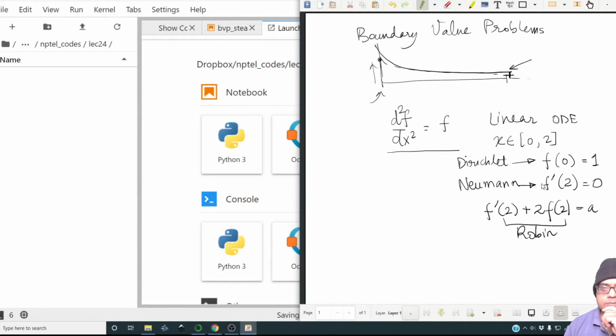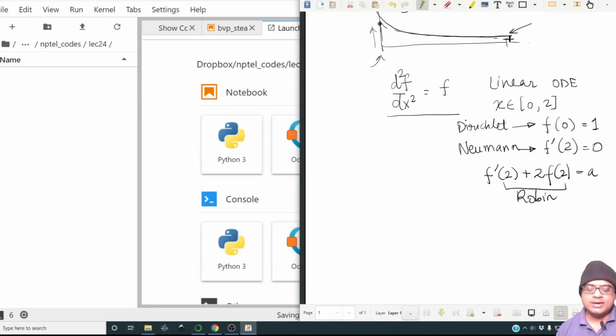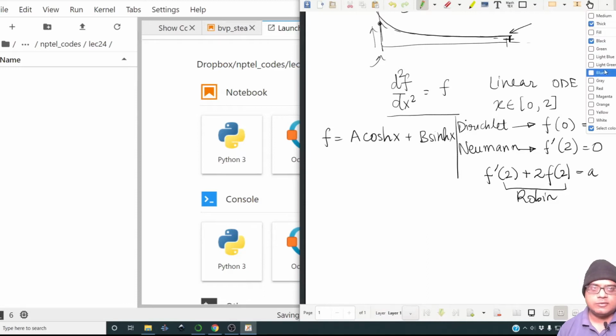Okay, so how do we go about approaching this problem? Well, first thing we could do is obtain the analytical solution. So what is the solution for this? It's an easy equation. The solution is f equal to a cosh x plus b sinh x.